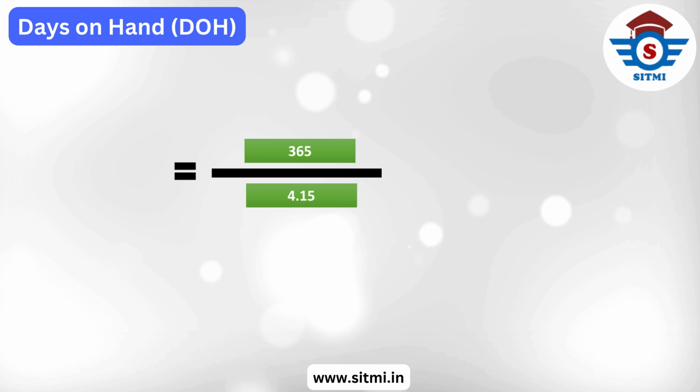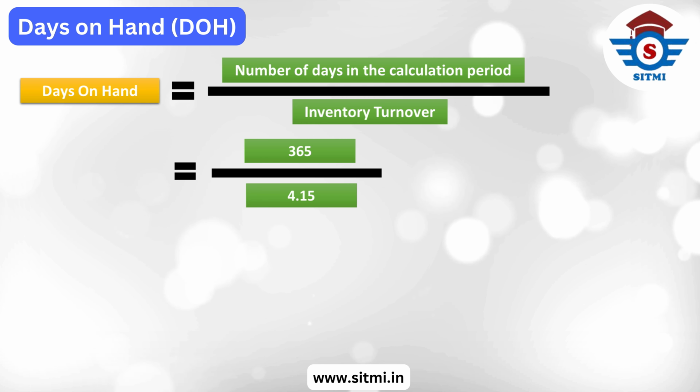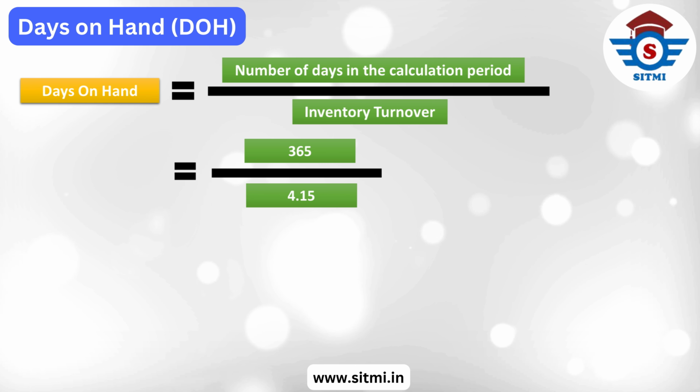So the formula for days on hand is equal to the number of days in the calculation period divided by the inventory turnover ratio. Since we are taking this example for the entire year, we have assumed that our starting period is 1st of January 2022 and our ending period is 31st of December 2022.